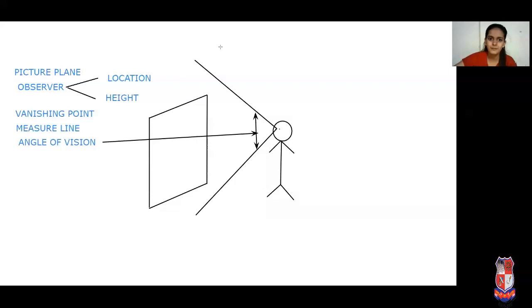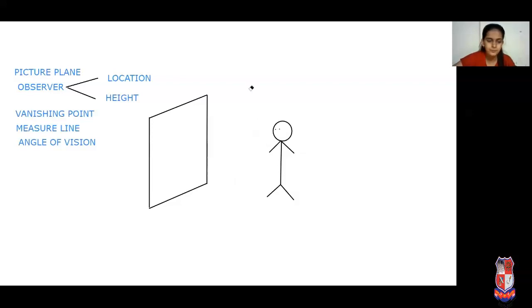I'm erasing it for now. Let's consider another definition, that is line of sight. What is line of sight?